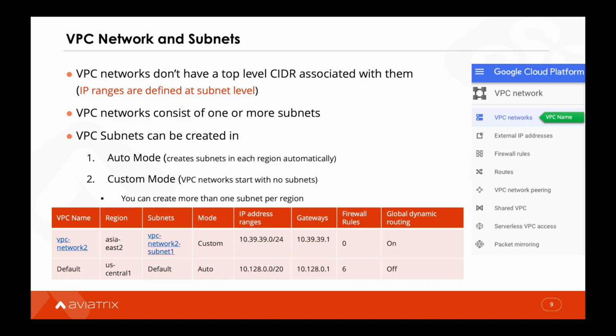But remember, this is not the best practice. Especially for enterprises, you should not do that. Why? Because you don't have any control over the IP ranges that GCP would create for you in the auto mode. So the best practice is to always use custom mode, and then you create the subnet as needed based on the workload that you are going to deploy.